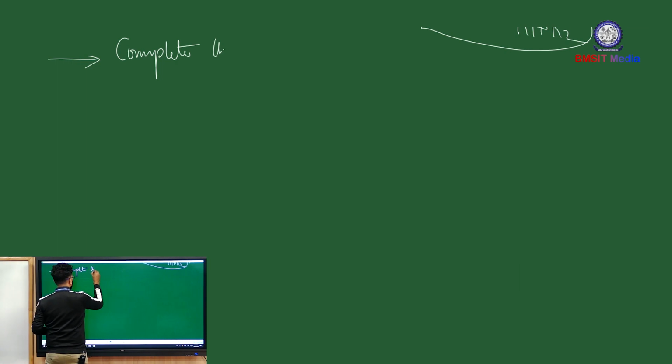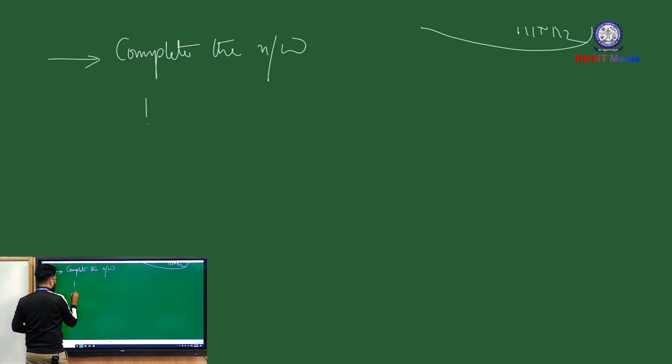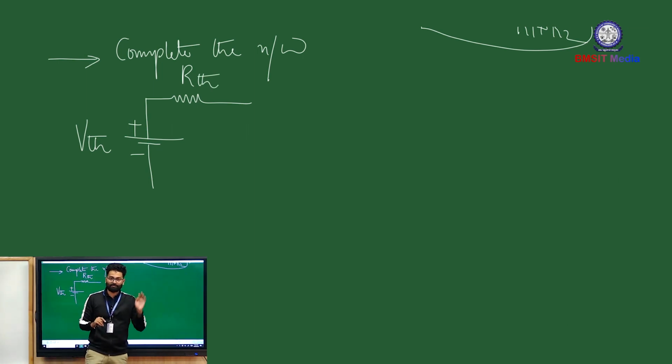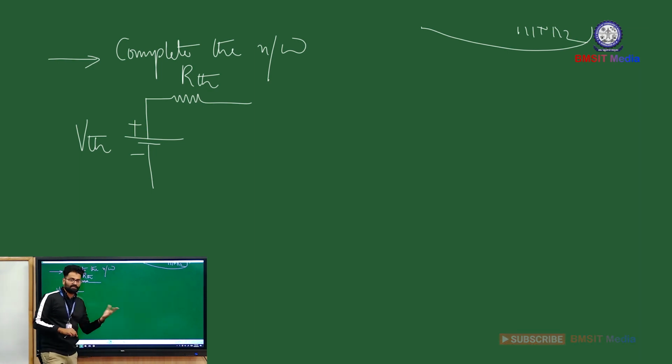Complete the network. So on the input side, you have VTH, right, in series with RTH. Right, see, I'm not going to write now R1, R2, VCC on the input side because we have reduced our R1, R2 and VCC into VTH and RTH.